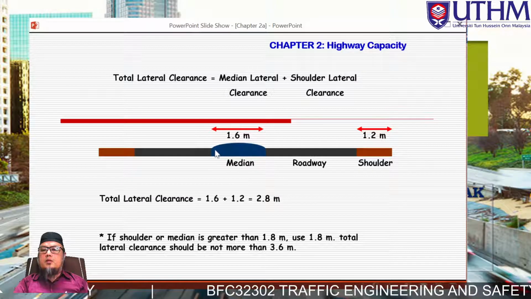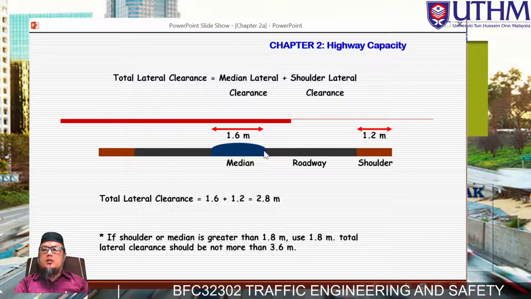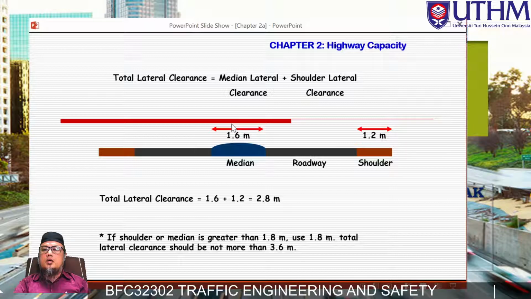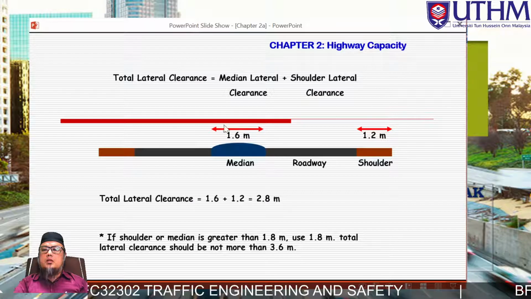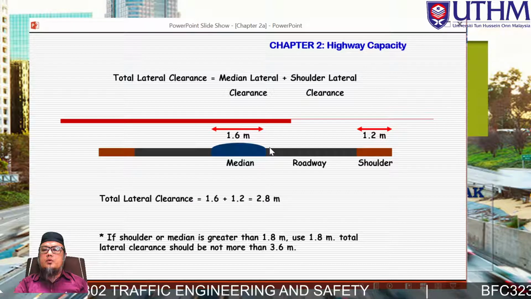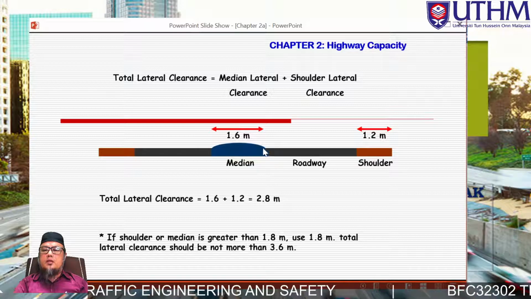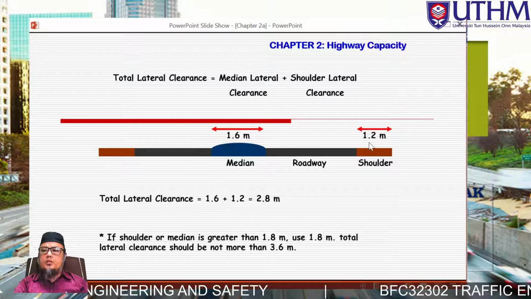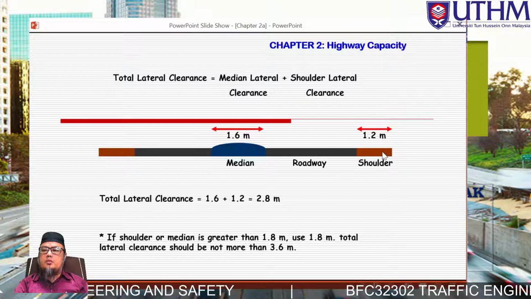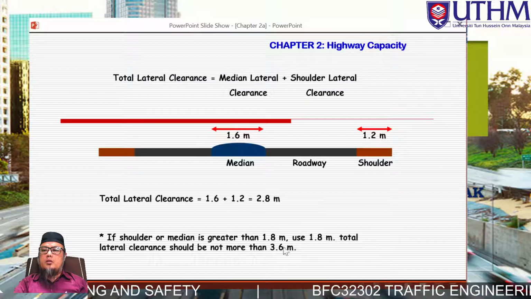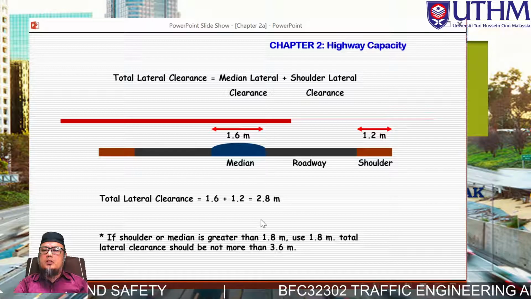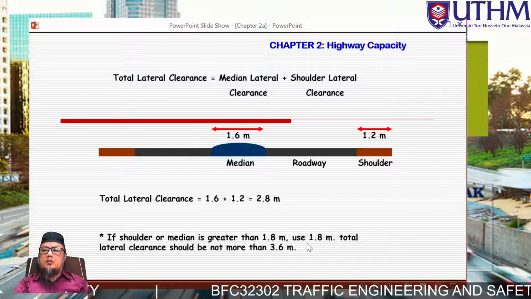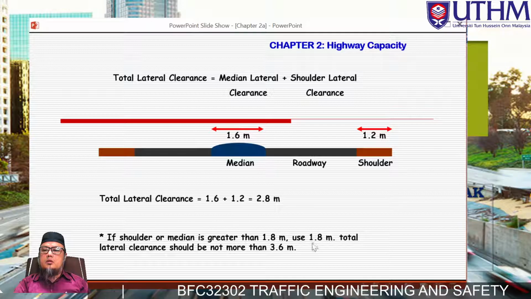Which means some facilities provide up to 2 meters until 3 meters of spacing for the divider or median. As well for the shoulder, sometimes the shoulder is 2.6, 2.5, or 3 meters. But for all these distances, consider the maximum to be calculated in total lateral clearance.